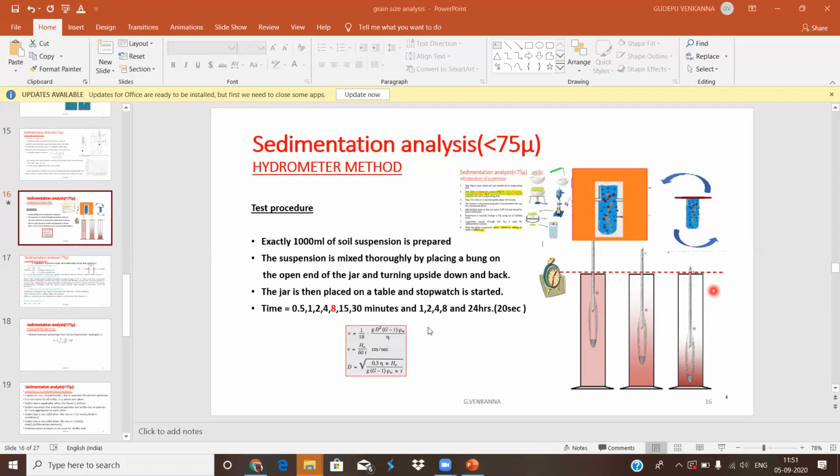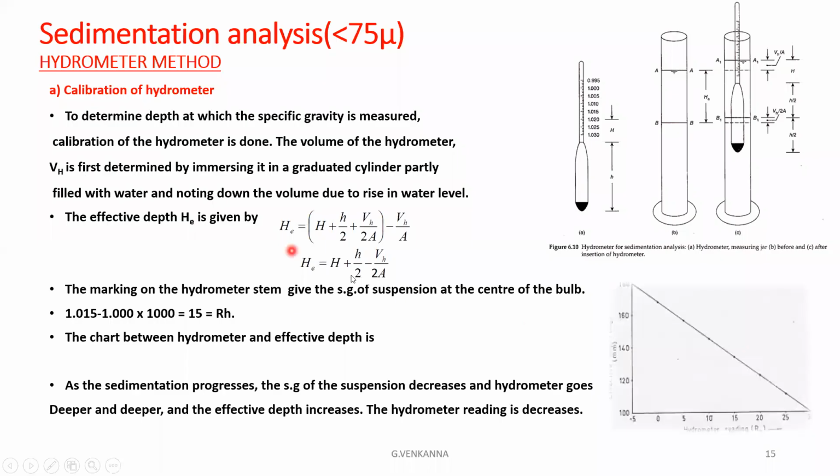In this hydrometer method we can also find the particle size using the effective height. We calculate the effective height from the height of the stem plus the height of the bulb and the volume of water rise in the water level due to the hydrometer.